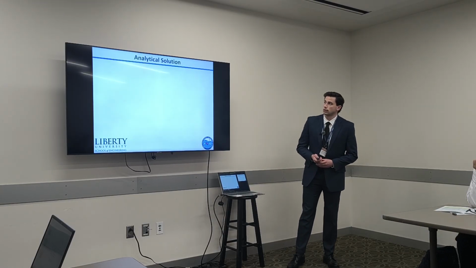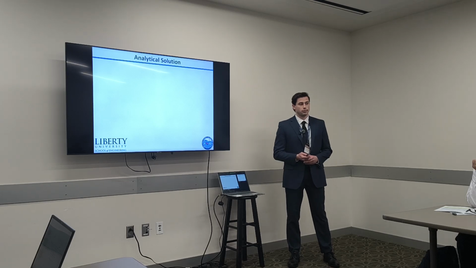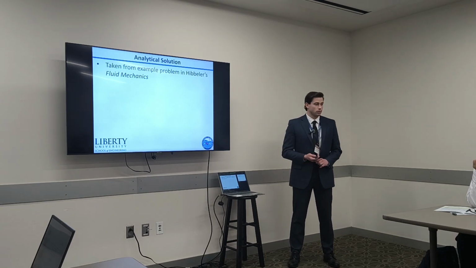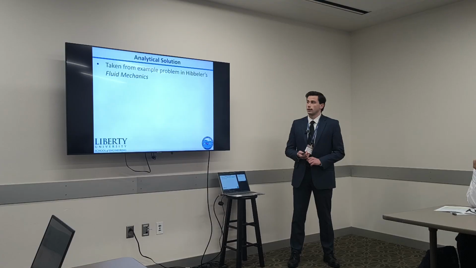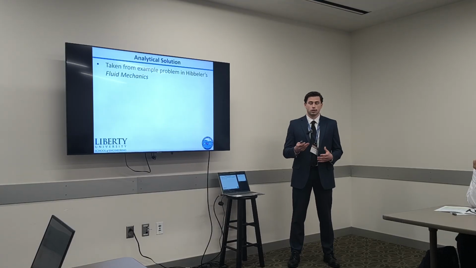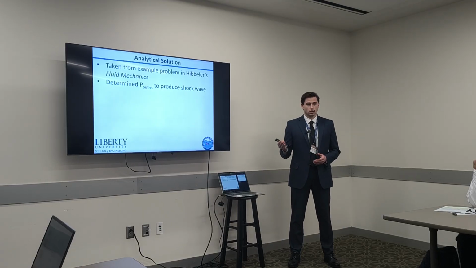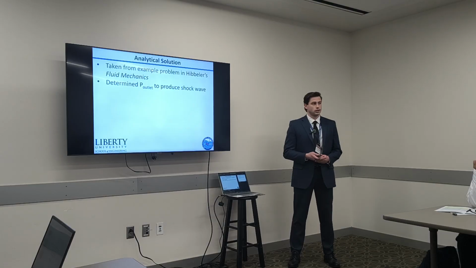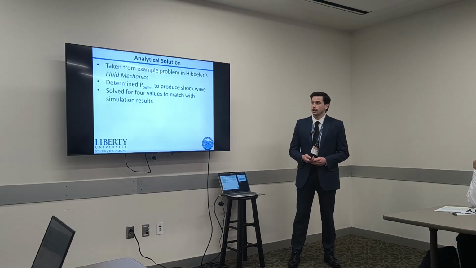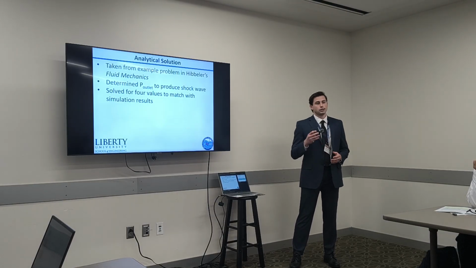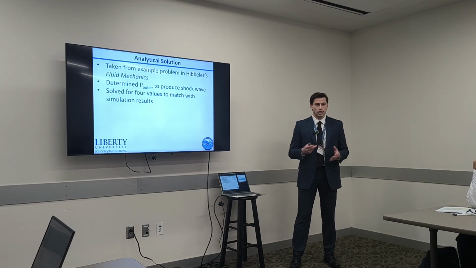Going into the analytical solution, like I mentioned, we took an example problem from Hibbeler's fluid mechanics and used the geometry and some of the pressure information from that problem. We determined what outlet pressure would be necessary to cause a shock wave in the diverging section. Then we solved for 4 values to use as metrics to match with our simulation results and see how our accuracy compared.